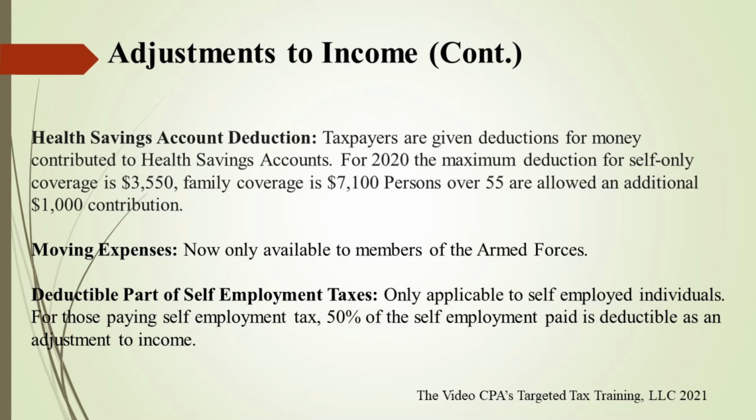But in order to qualify for a health savings account deduction, you have to have a high deductible insurance policy that qualifies. If you are contributing to a health savings account, this is where you would take the deduction, in the adjustments to income area.